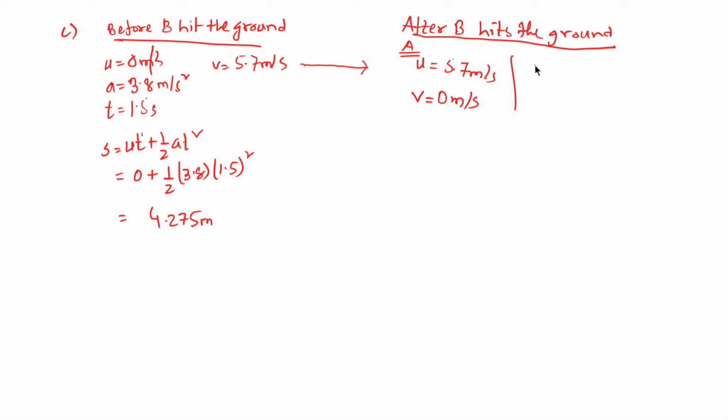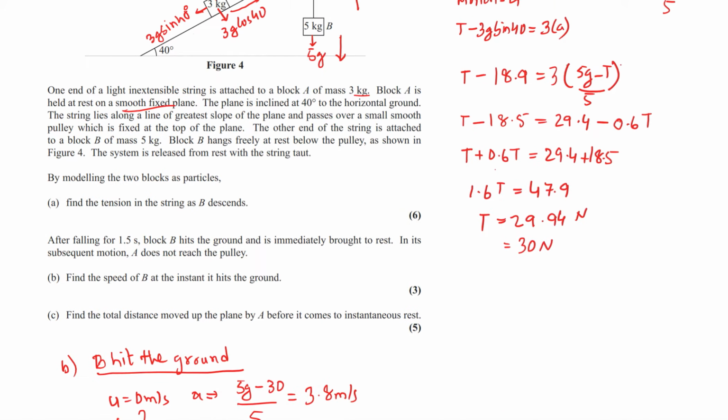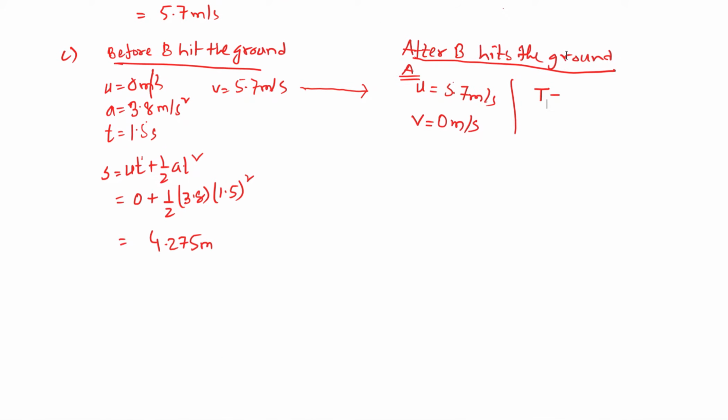Before, T was present in the equation: T minus the downward component of the weight, 3g sin 40, equals 3 into a.